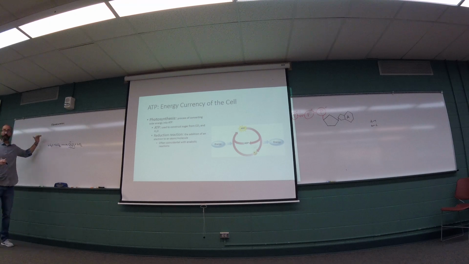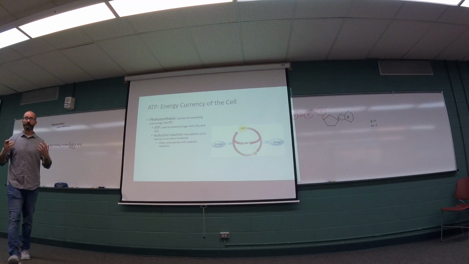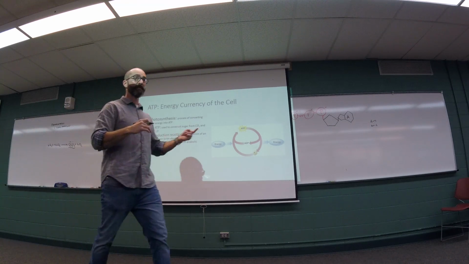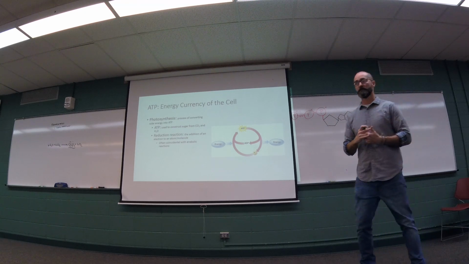Okay, so this is accomplished in a two-step process. The first of which is called the Dark reactions. And in the Dark reactions, we're taking solar energy and we're generating a whole bunch of ATP and some electron carriers.